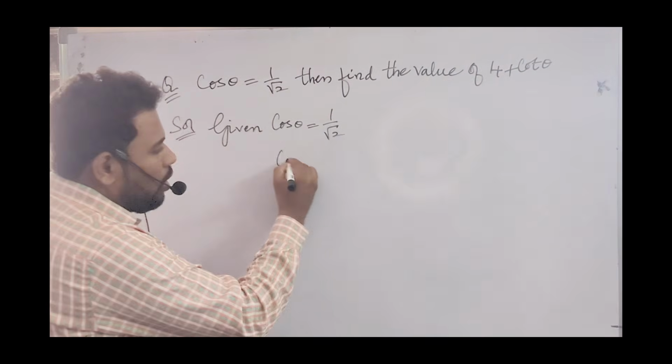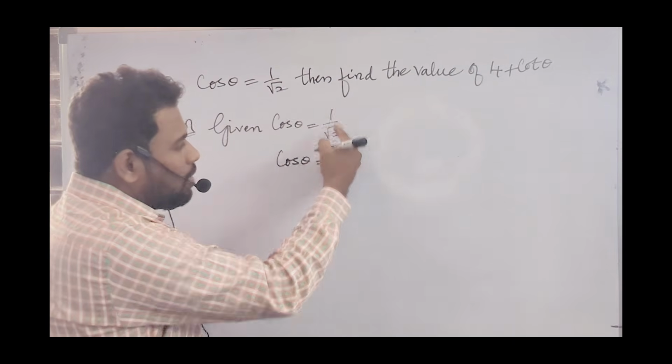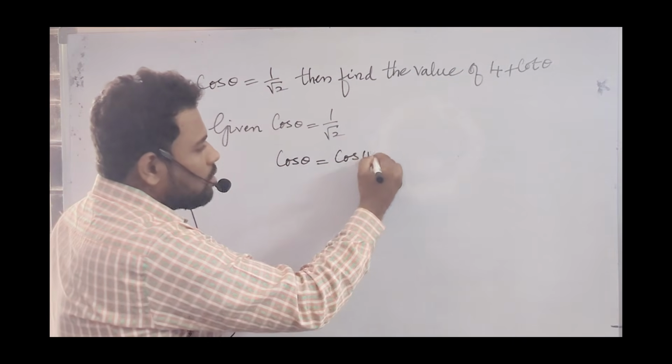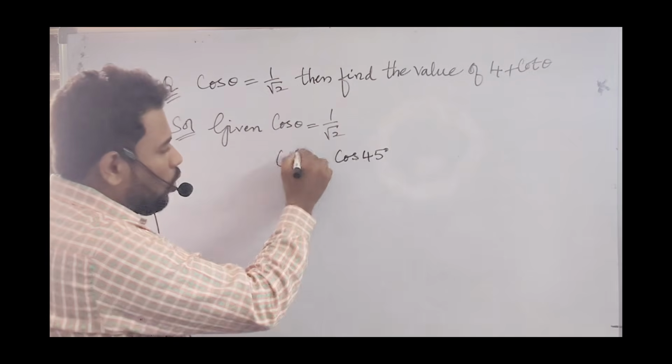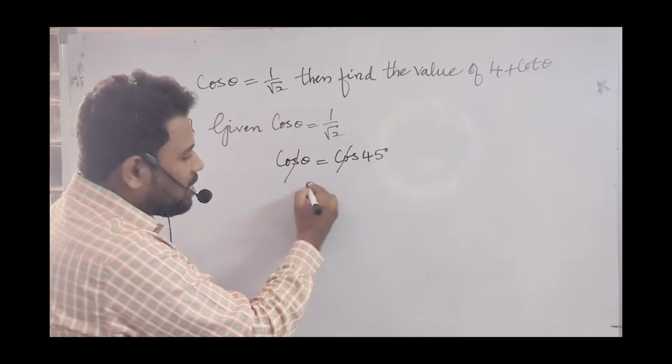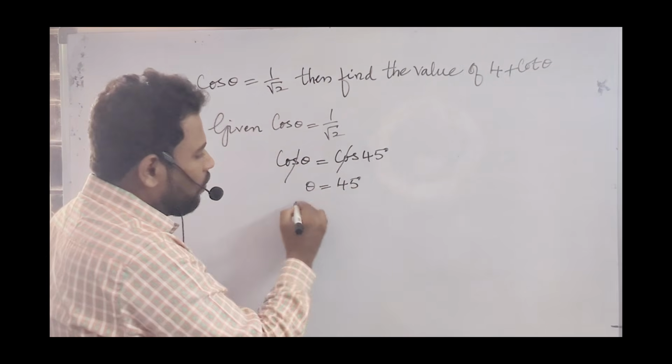Now cos theta equals, in place of 1 by root 2, cos 45 degree. So cos and cos got cancelled. What is theta? Theta is 45 degree.